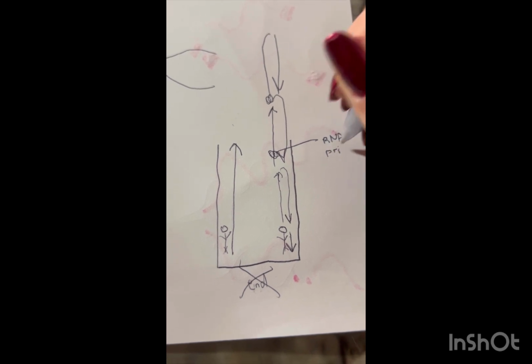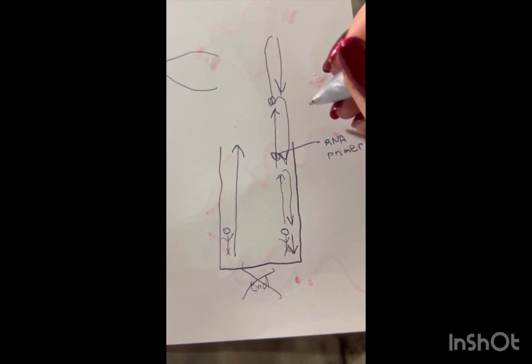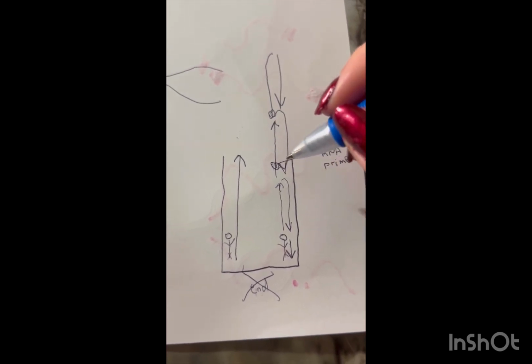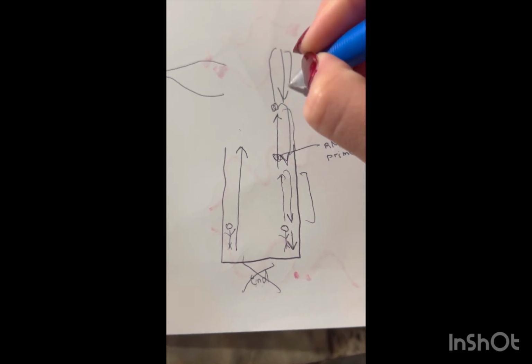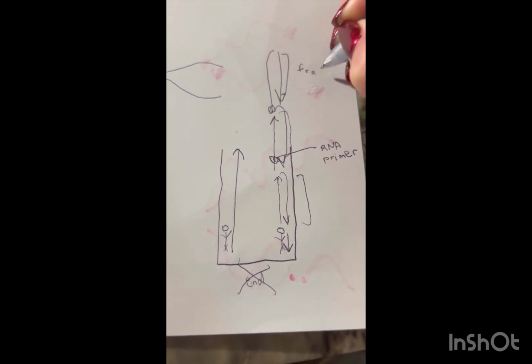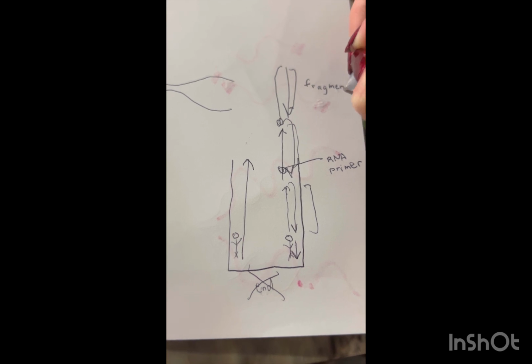So, I don't 100% get it, but yeah. Essentially, we're going to have a bunch of these weird fragmented areas. And that leads us to having what we call Okazaki fragments.